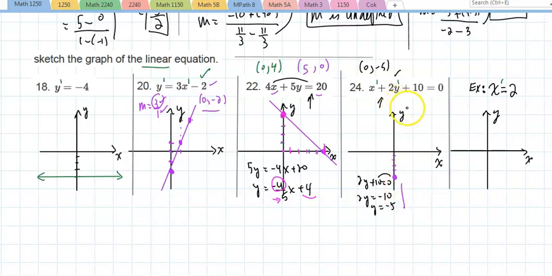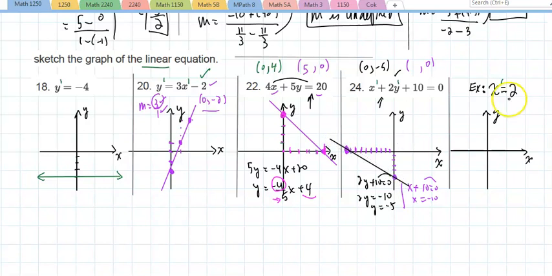If I set y equal to 0, I'll get x plus 10 equals 0. That means x equals negative 10. 1, 2, 3, 4, 5, 6, 7, 8, 9, and 10. We're going to talk about rescaling later on. If I connect those with a straight edge, there is my line.